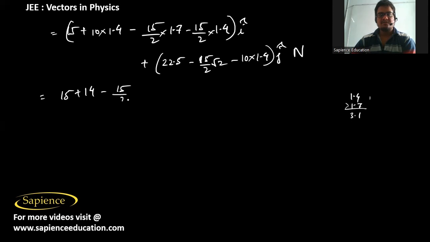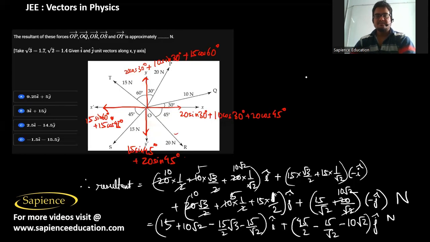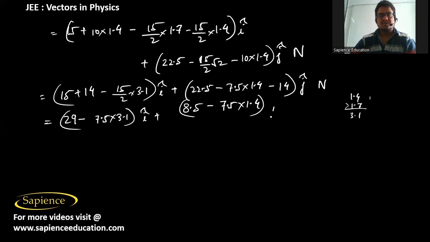So it will be minus 15 by 2 into 3.1 I cap, plus this will be 22.5 minus 15 by 2, that is 7.5 into 1.4 minus 14 j cap newtons. So this will be equal to 29 minus 7.5 into 3.1 I cap, and plus this will be 22.5 minus 14, that is 8.5, minus 7.5 into 1.4 j cap.